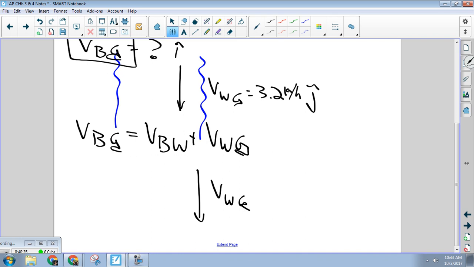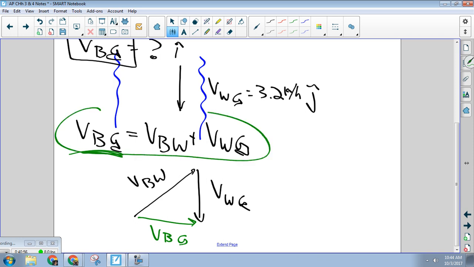Now that was being added to something. Well, it's got to be this, right? The velocity of the boat relative to the water, right? So that my resultant, this guy, points straight across. Velocity of the boat relative to the ground. Do you guys agree that this drawing emulates this equation? Right? Velocity of the boat relative to the water plus the velocity of the water relative to the ground equals the velocity of the boat relative to the ground.